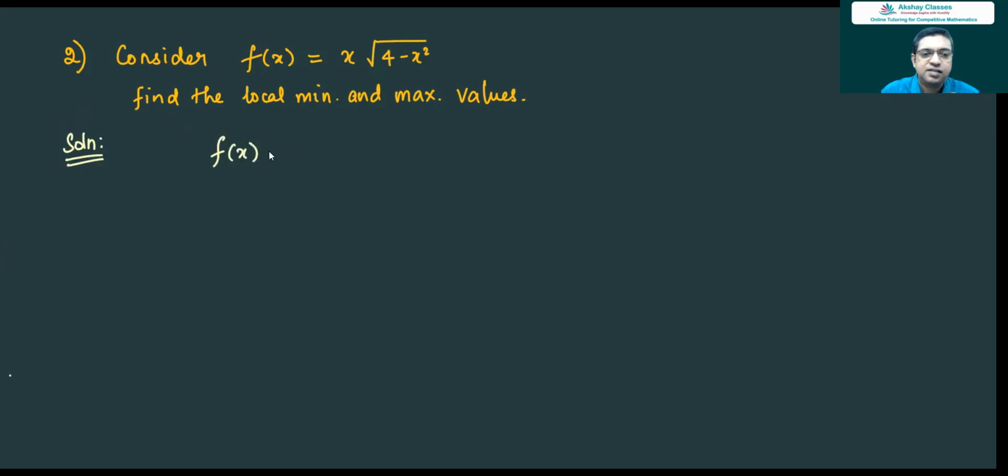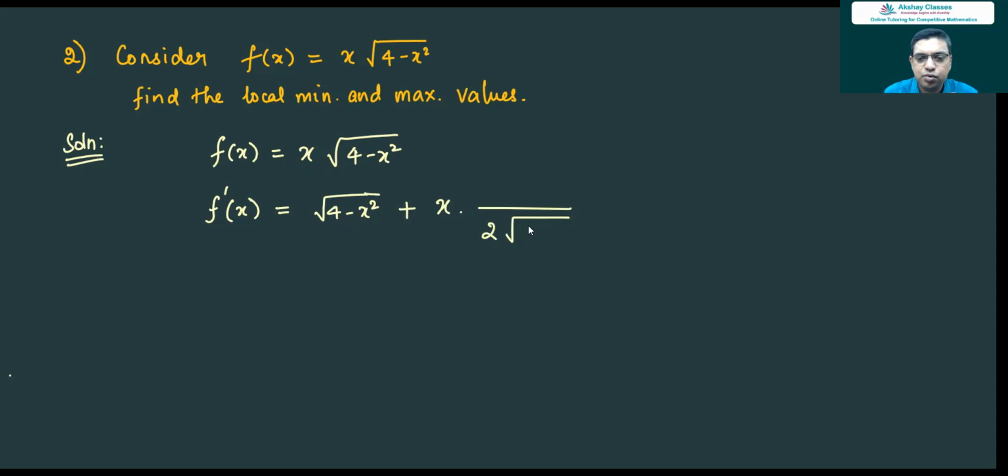So f of x is x under root of 4 minus x squared. Differentiating, we differentiate the first function keeping the second constant. The derivative of x is 1, plus keeping the first function as constant, differentiating the second: 1 by 2 under root 4 minus x squared, into the derivative of the expression within the root by chain rule, minus 2x.